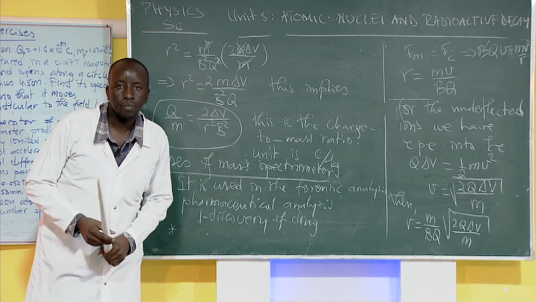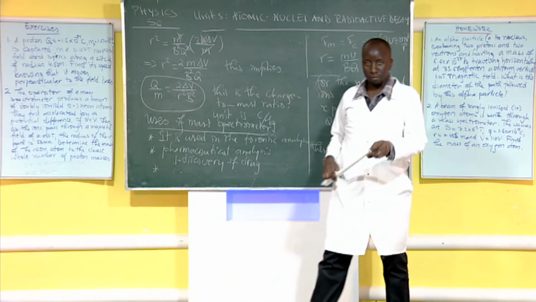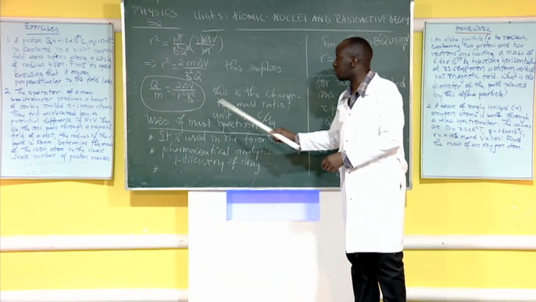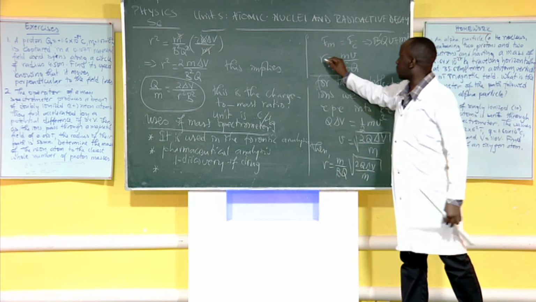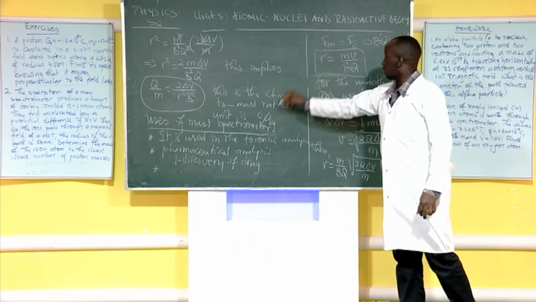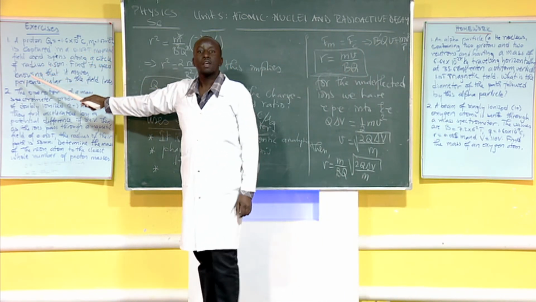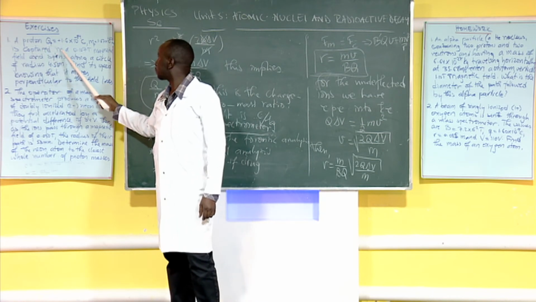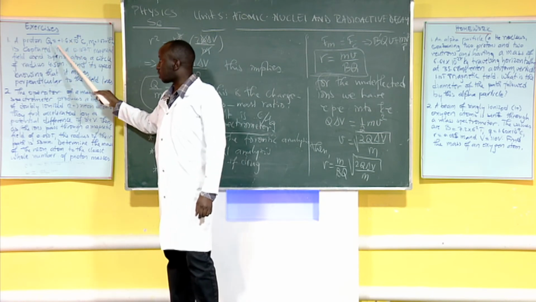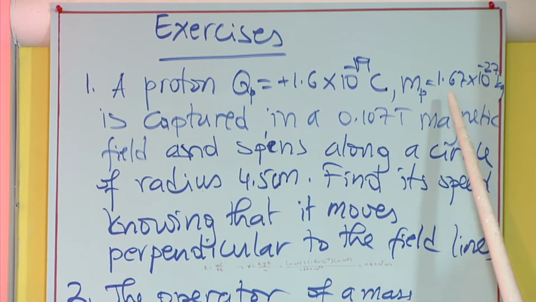Now, students, let's have some more numerical applications of what we have determined there, of this expression number 1 and expression number 2. Hope you still remember these expressions. Now, students, we have example number 1. A proton, QP, this is the charge of the proton, and the mass of the proton are given.